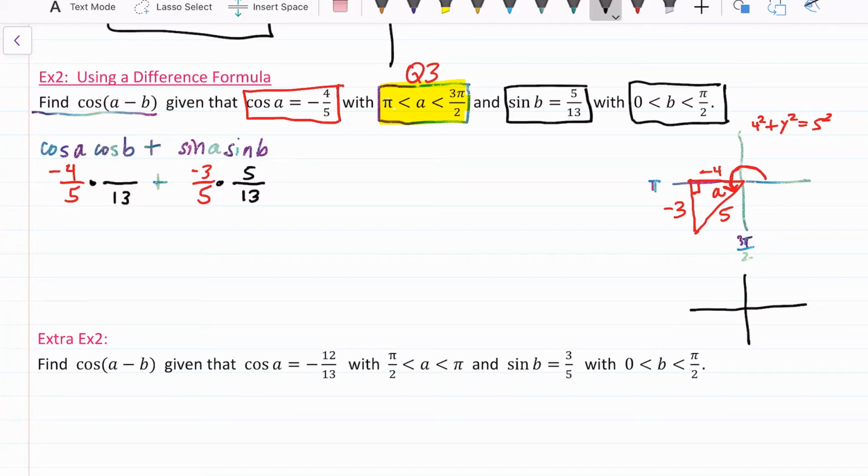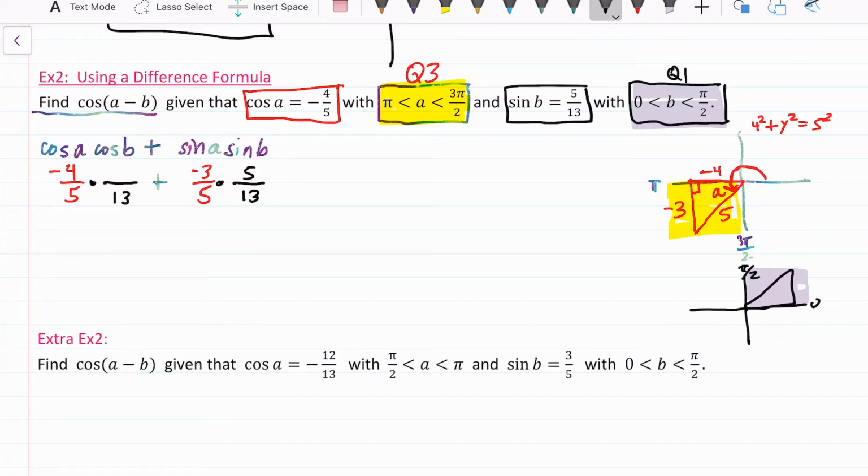I usually like to use different pictures, but it will be going from 0 to pi over 2. That's 0 to 90, basically. So that means that you're in quadrant 1 for angle B, whereas you were in quadrant 3 for angle A.